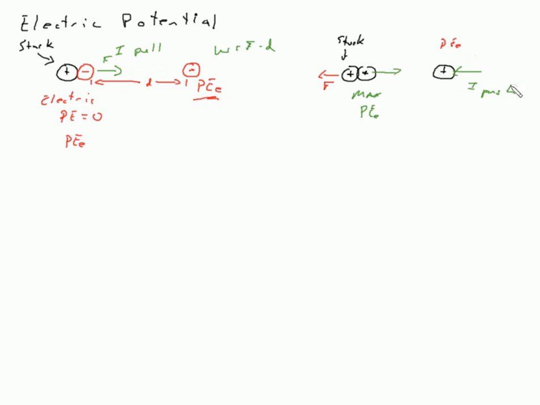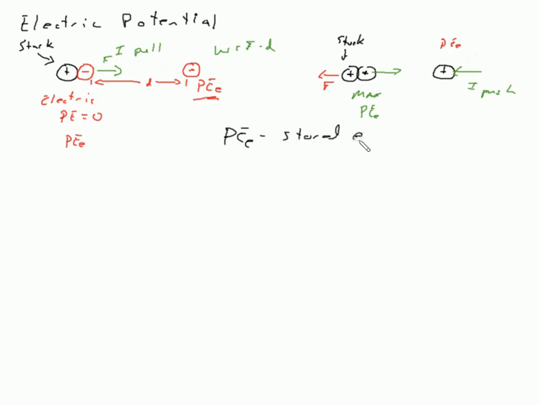It'll go farther away and you'll have some potential energy. At some point out here you probably have a negligible amount of potential energy, but you don't technically have zero potential energy in this case, because it just keeps getting farther and farther away. So the idea of electric potential energy is just that stored energy.